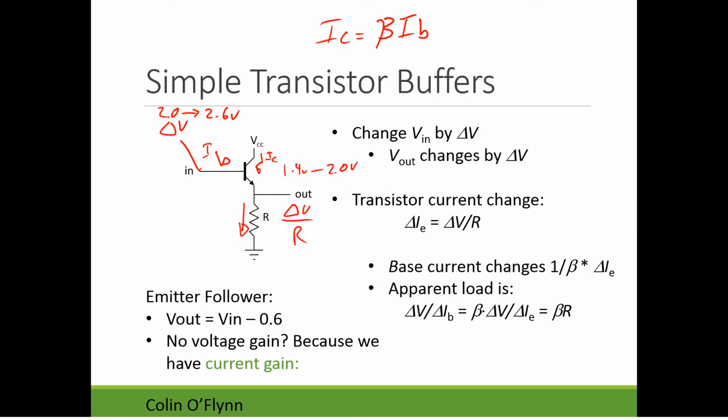What this means to us is that for this given current change here, the base current changes by 1 over beta. If the collector current changes by 100 milliamps, and beta is 100, the base current only changes by 1 milliamp.